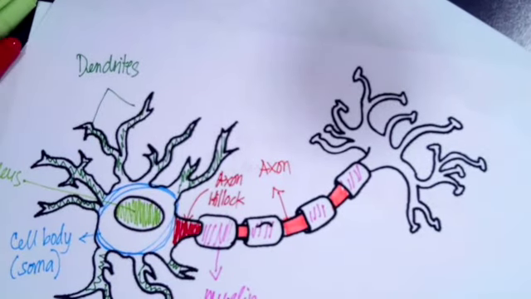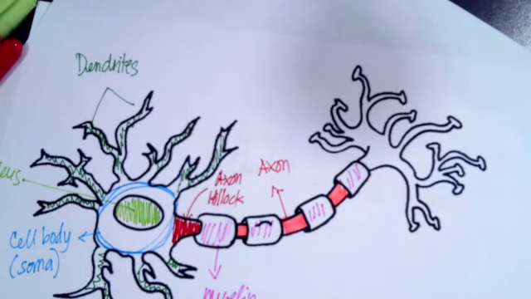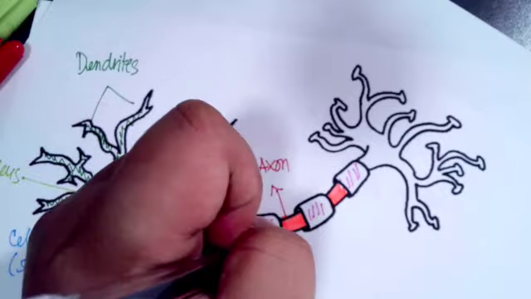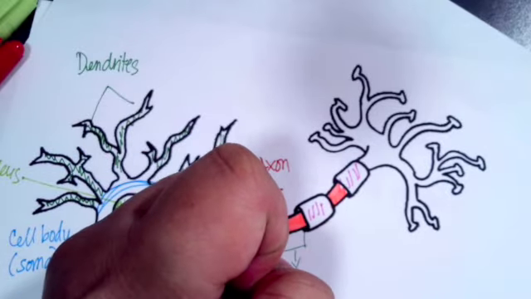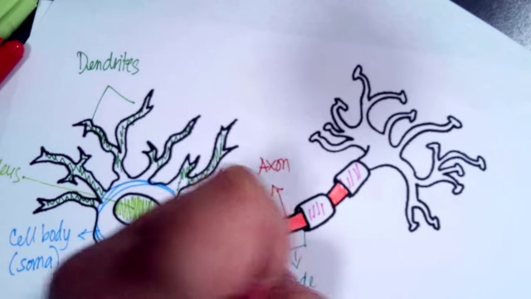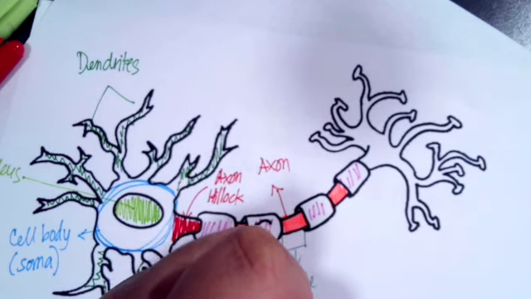But we have to remember that in between the myelin sheath is what we call the node of Ranvier.